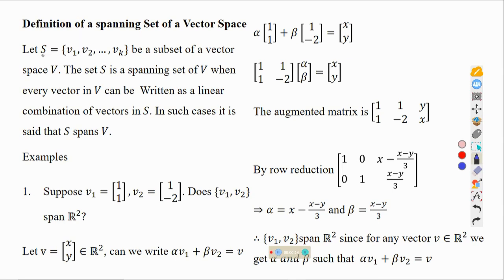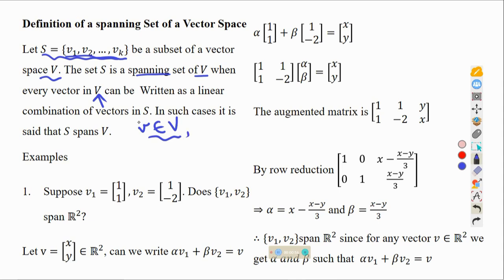So we shall consider a set which is having vectors v1 up to vk, which is set S. So this set here, which is a subset of a vector space V, is said to span V, or it is said to be a spanning set of V, when every vector in V, that is, if you are able to pick any vector from V, and this vector V can be written as a linear combination of these vectors here, then we shall be able to say that this set here spans V.